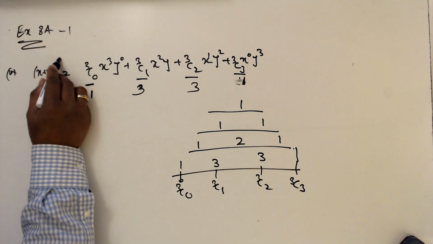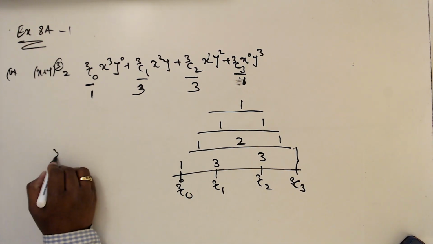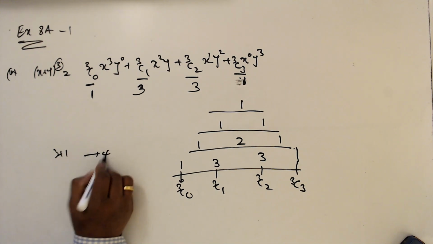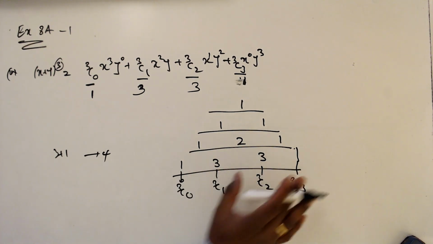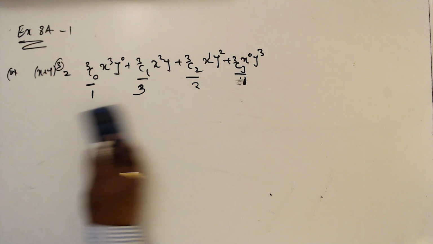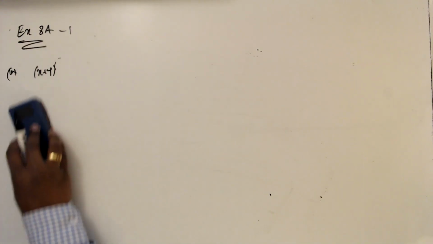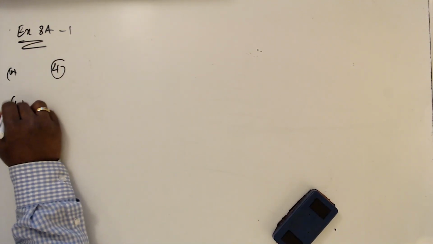If this is 3, in the Pascal triangle you check 3 plus 1, which is 4. There are 4 terms. So the answer is which row? Row 4.